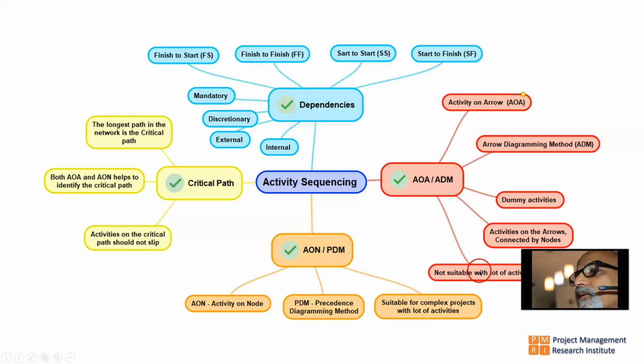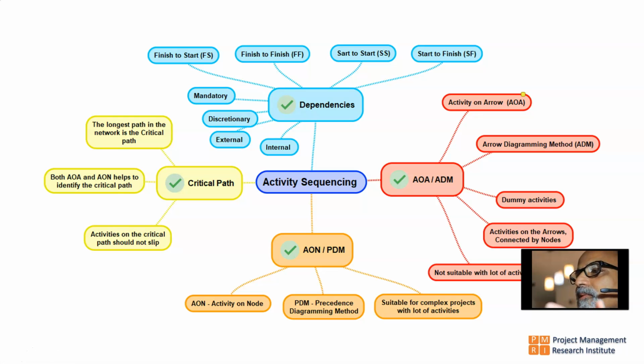Activity on arrow is not suitable when a lot of activities are there. Then comes activity on node diagram or the precedence diagramming method. Here the activities are on the nodes, and this is suitable for complex projects with a lot of activities.